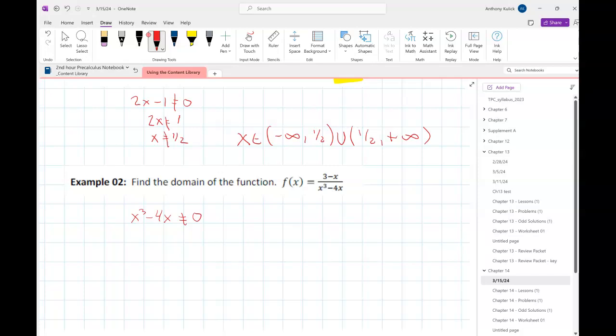Now, how am I going to solve x cubed minus 4x? Okay, start by factoring out an x. Great idea. Okay, then what? I wouldn't do a square root yet. Well, look at the x squared minus 4. Does that look like something? Yes, that's a difference of 2 squares, so that can factor to x plus 2, x minus 2.